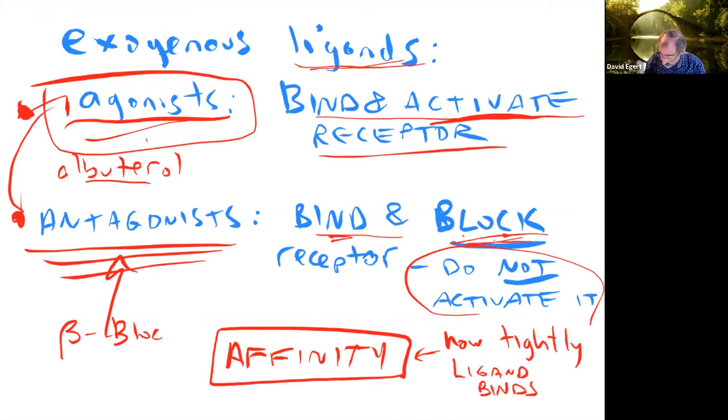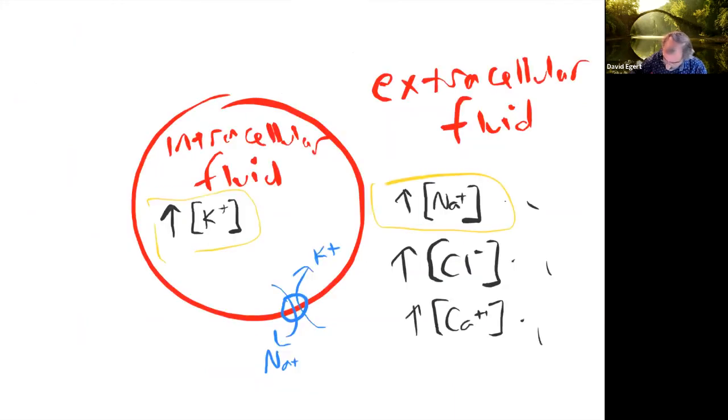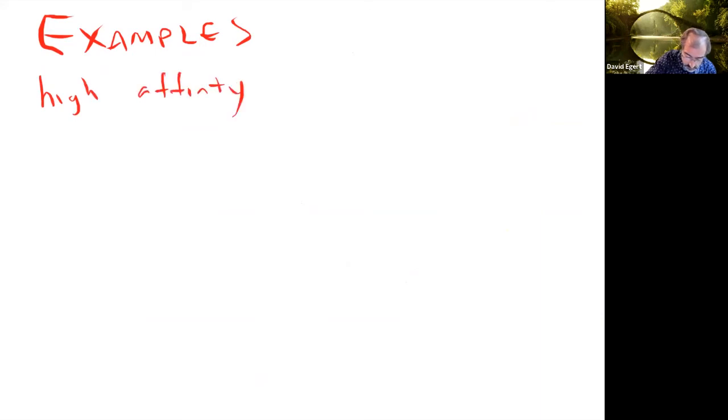So let's do an example here, high and low affinity, speaking about opiates.